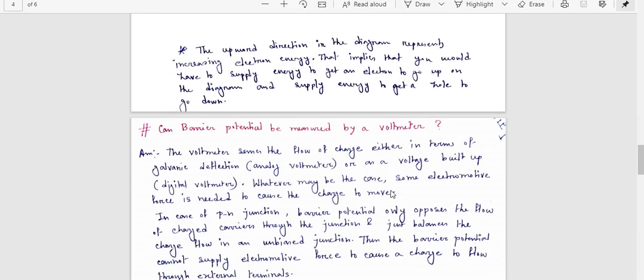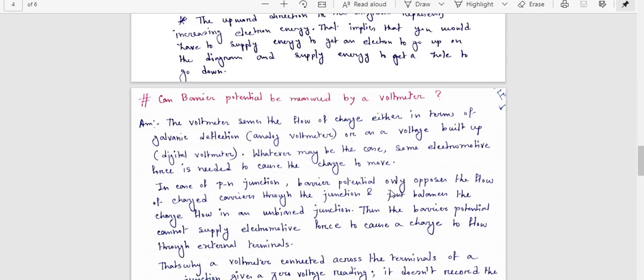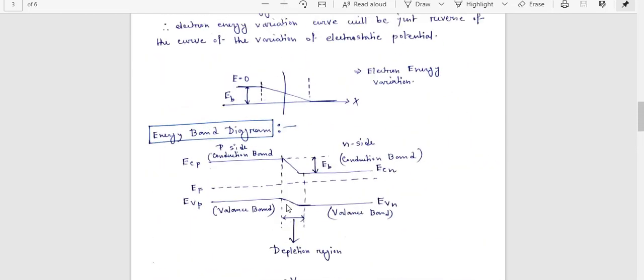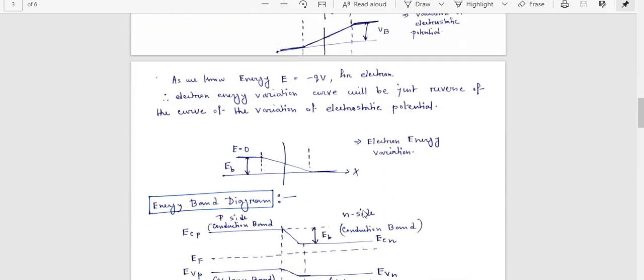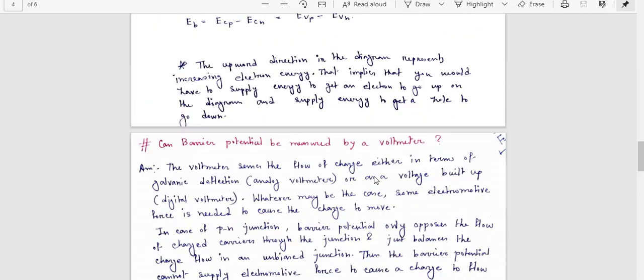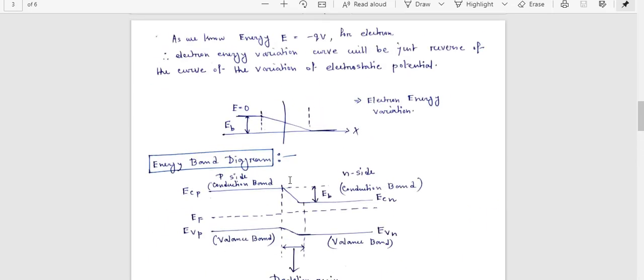Now again one question may come, that is, can barrier potential be measured by a voltmeter? Here already I have shown you that one electric field is generated. Now you all know we can measure voltage by using a measuring device like a voltmeter. Now can you measure the potential which is generated here, that is the built-in potential?